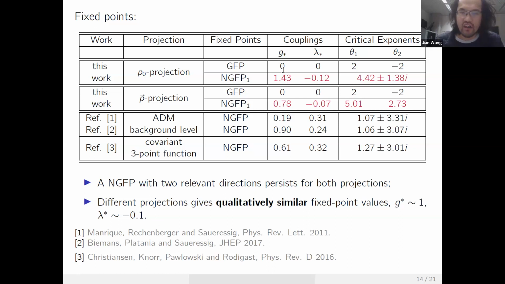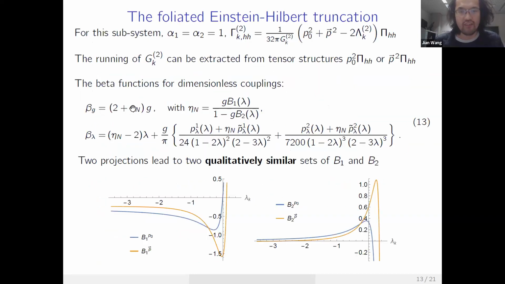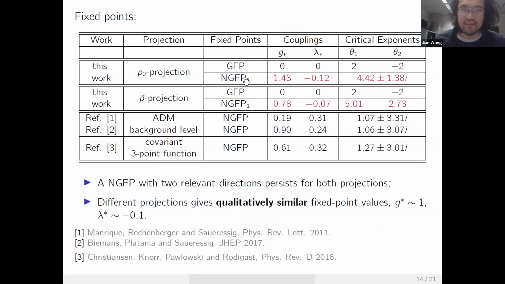First, for the Gaussian one, we can easily verify from these two functions that if we set G and lambda to be 0, those two functions just vanish. So the scaling property also agrees with the classical mass dimension of the couplings.